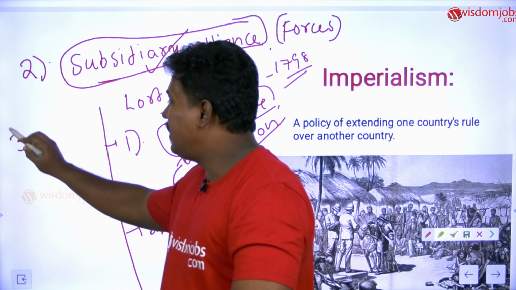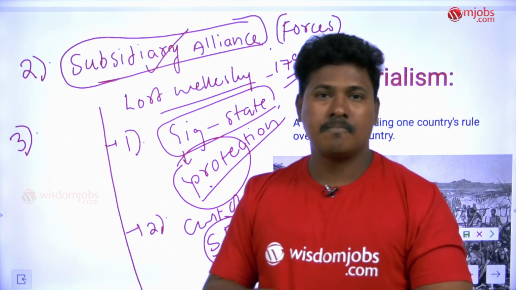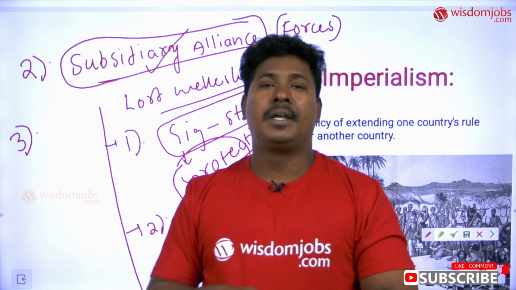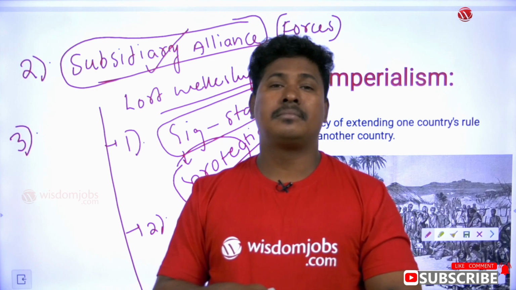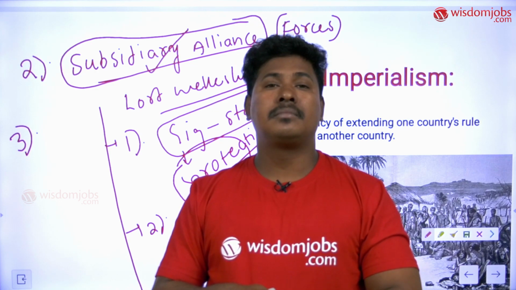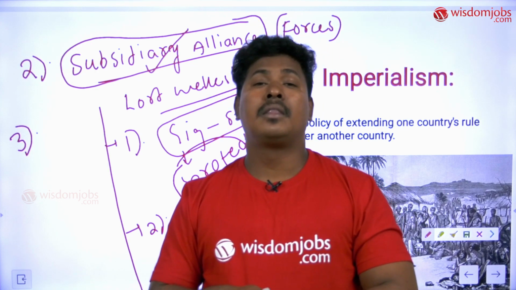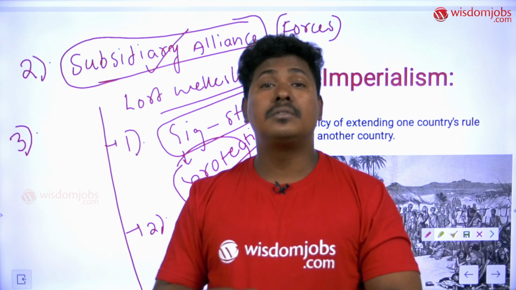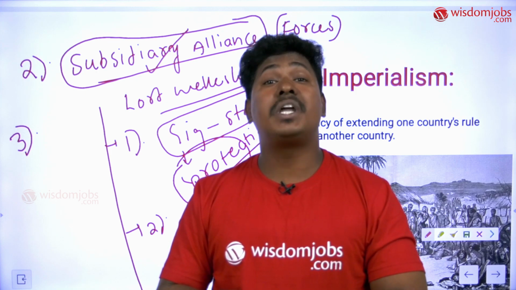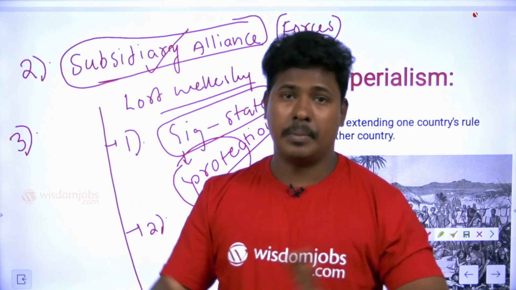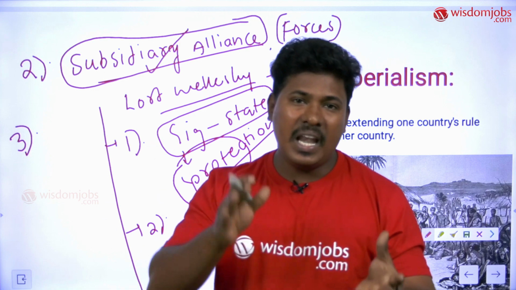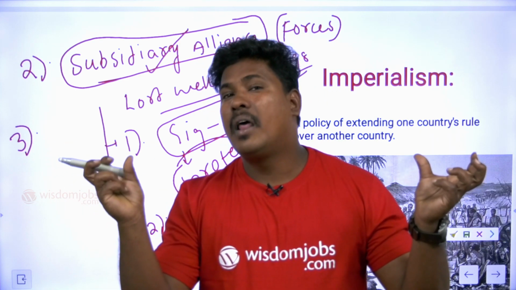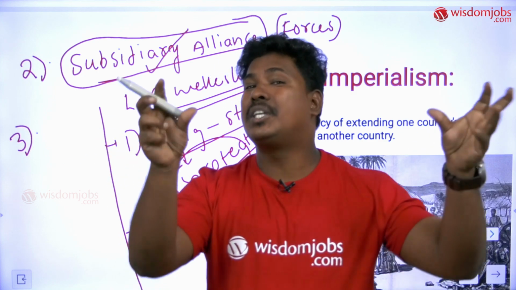And next, the third point is the entire cost of maintenance shall be paid in the form of liquid cash, or equal revenue generating land shall be ceded to the British.